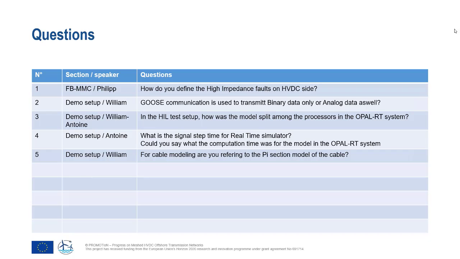Otherwise, you have a false delay in the simulation. So what OpenRT does in the simulator is that if you have a cable which is long enough to have a propagation delay, and that propagation delay is superior to the time step you use, you can split it into two cores, into two tasks.